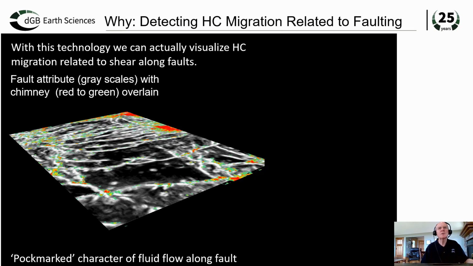Again, with large chimneys, such as we see in the back area, these are easy to see in seismic data. But what we don't see very clearly are these chimneys related to, in this case, shear along a fault, and being able to distinguish both migrating hydrocarbon faults and faults that are sealing.